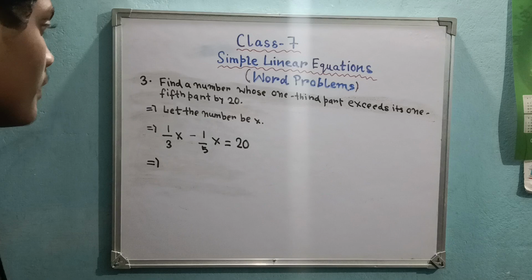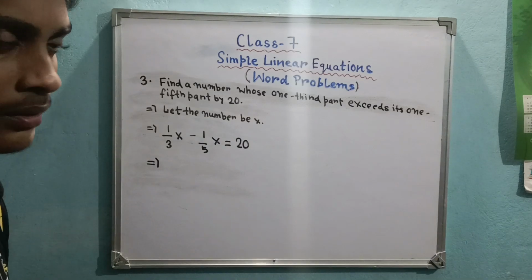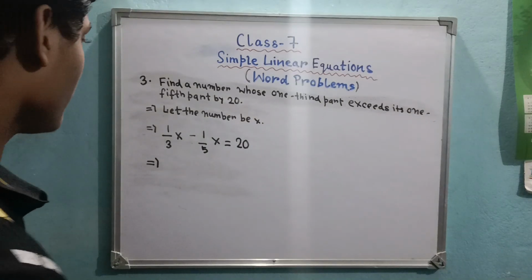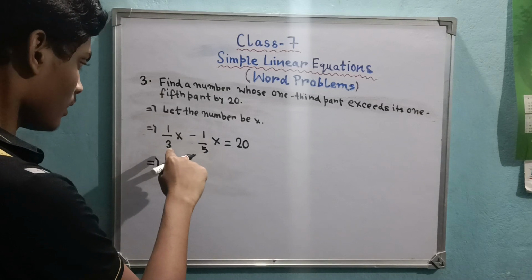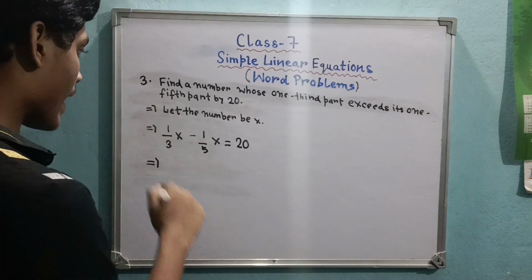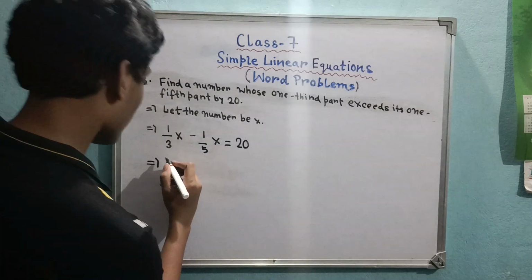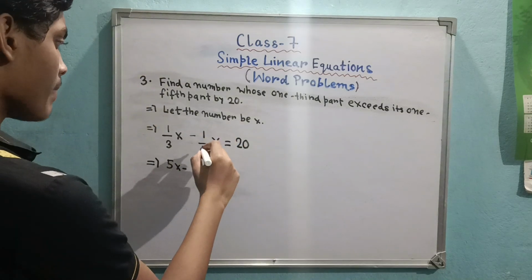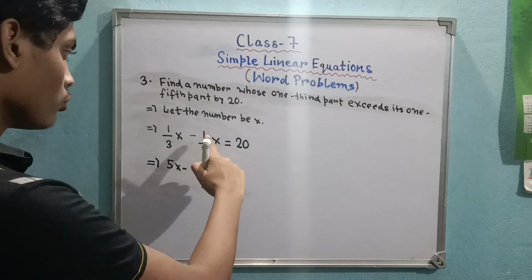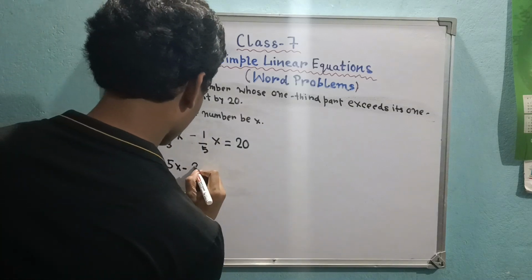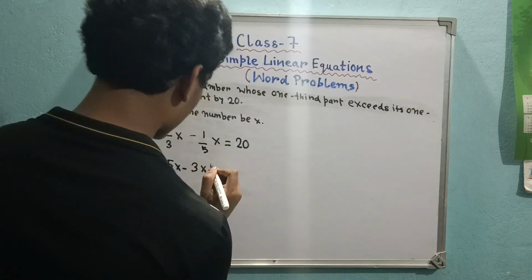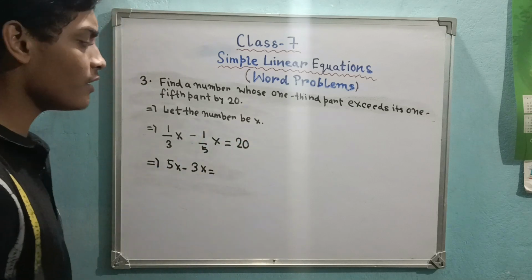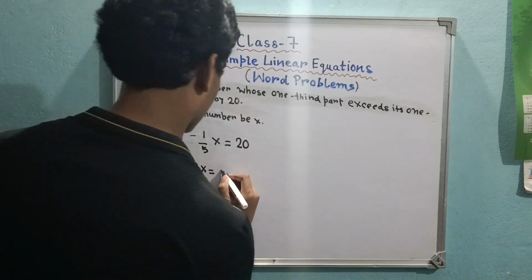So what I can do is multiply the whole equation by 15. If I do that, 15 divided by 3 is 5, 5 into 1 is 5. So 5x minus 15 by 5, it is 3, 3 into 1 is 3, minus 3x will be equal to 20 into 15, which is equal to 300.